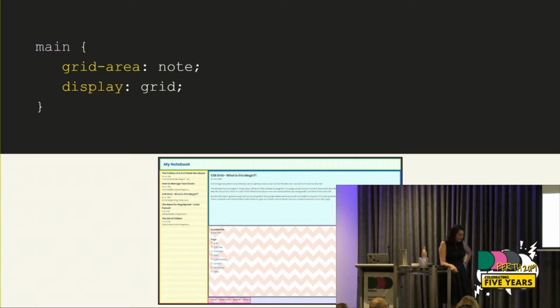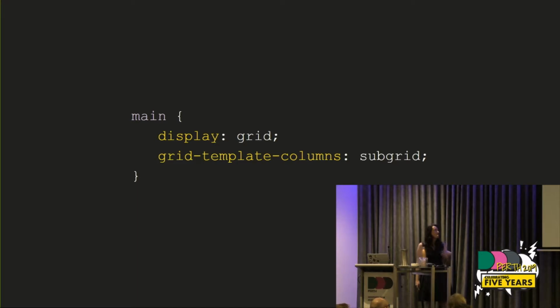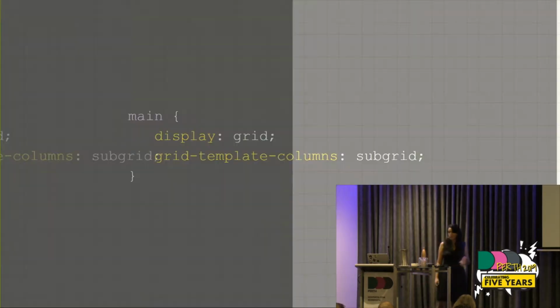Now, rather than defining that this grid should be 4 columns wide and then having to redefine it when the parent grid changes, what we can instead do is say grid template columns subgrid. So we want it to take into account however many columns the main element does.